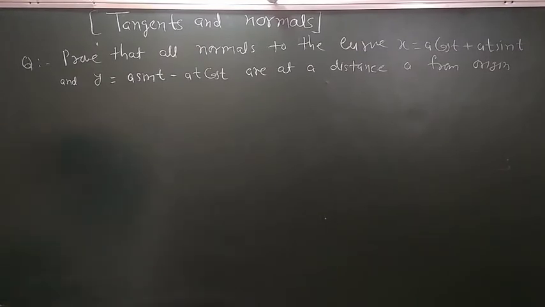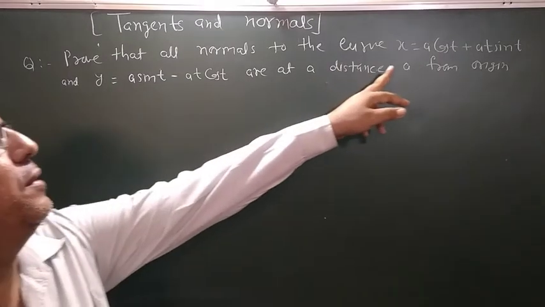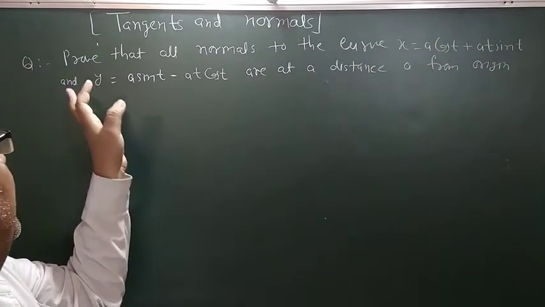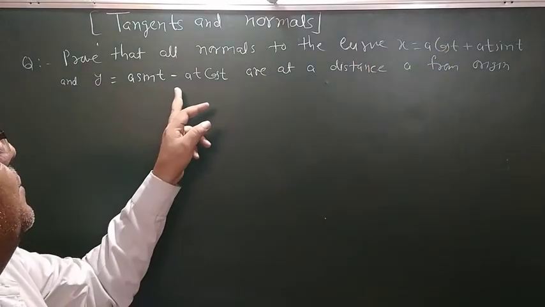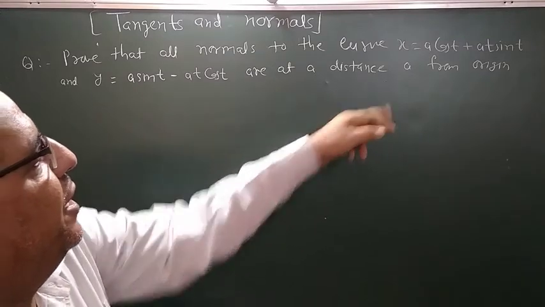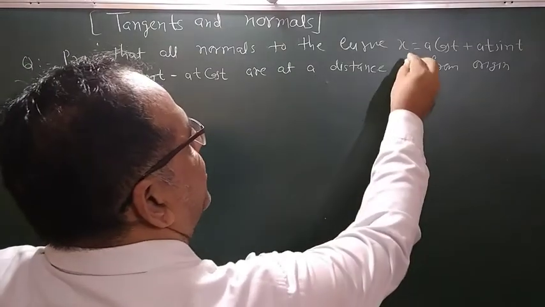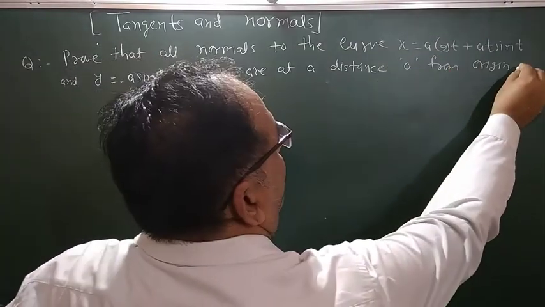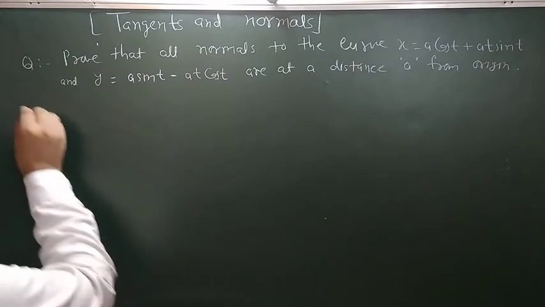Now I am taking another question. Prove that all normals to the curve x = a cos t + a t sin t and y = a sin t minus a t cos t are at a distance a from the origin.